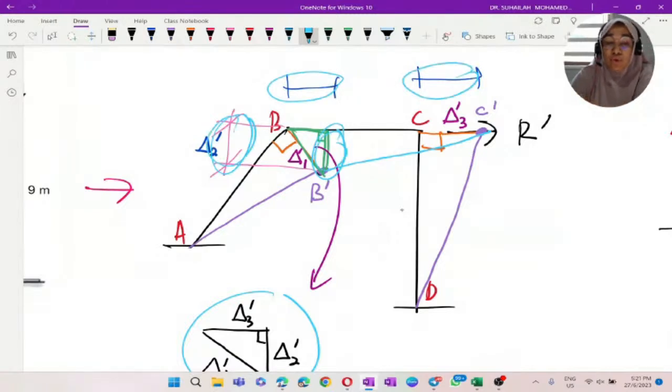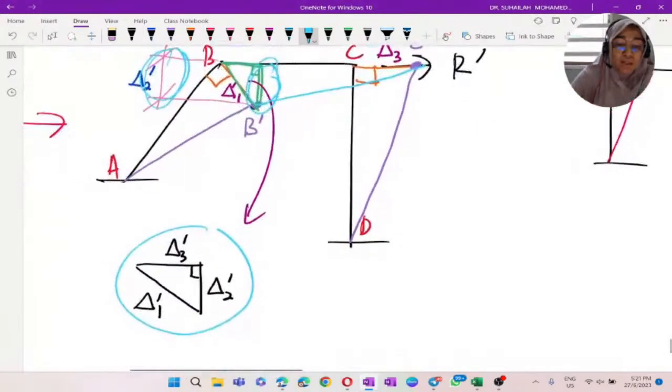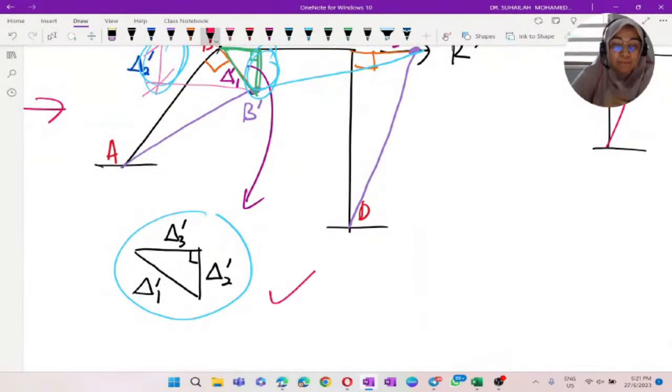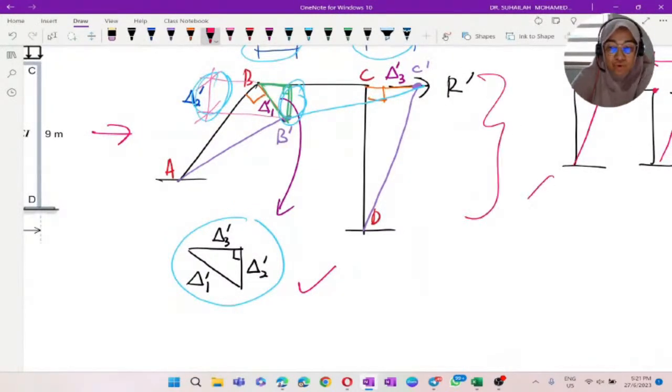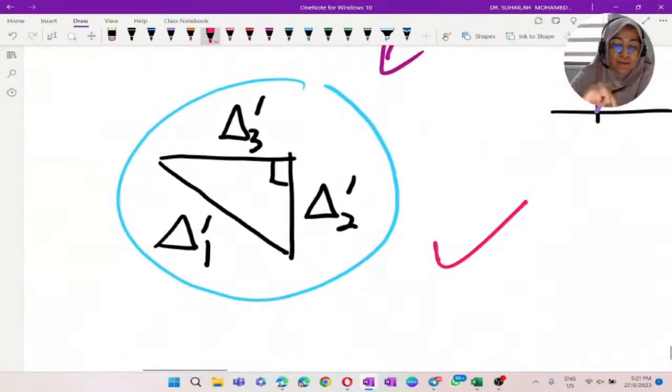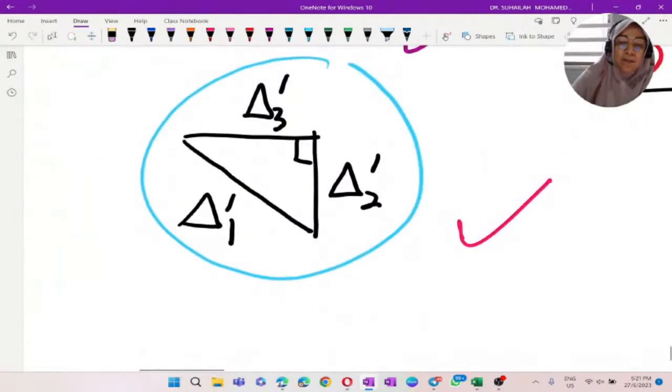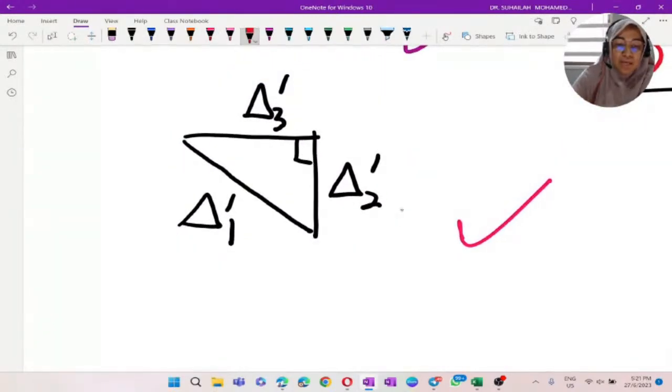So what is most important is not this diagram. Most important is this. Actually, you don't have to draw this, because the most important is this triangle. Always remember this belongs to AB, and this is perpendicular to AB.